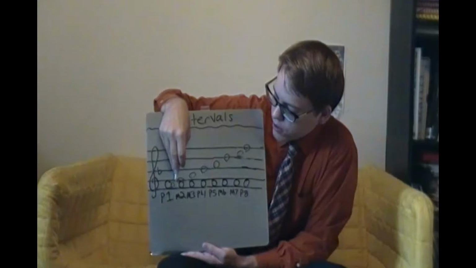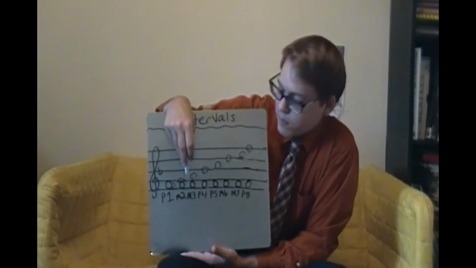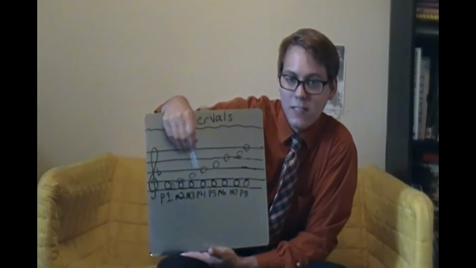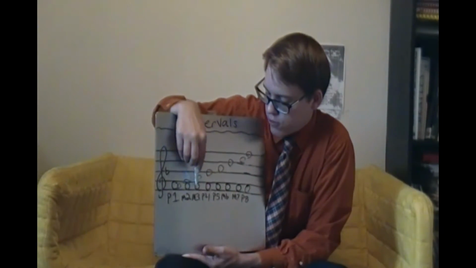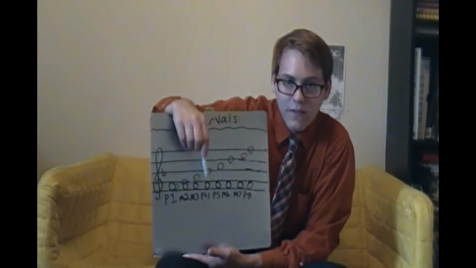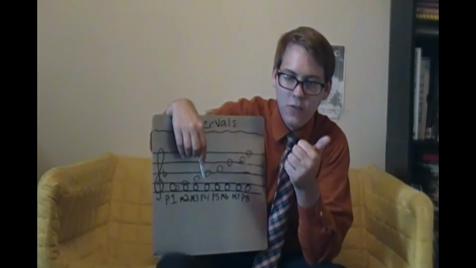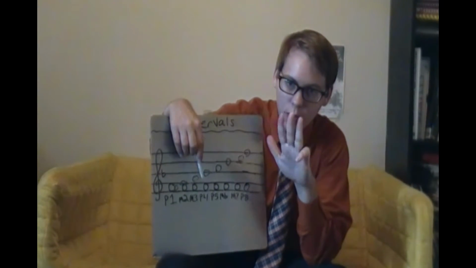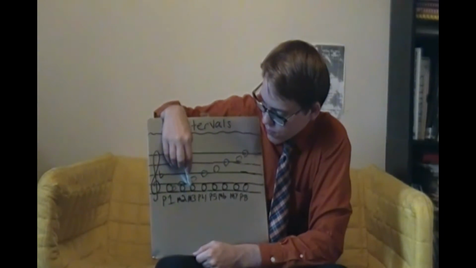You could also, there's different ways of determining if they're major or minor. You could look at how many half steps exist in between. I think that might be a little complicated, but if we take this major 3rd, F to A, from F we have F sharp, G, G sharp, A. So that's 4 half steps.